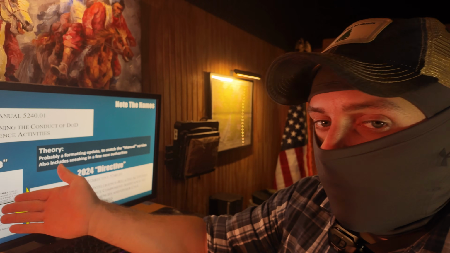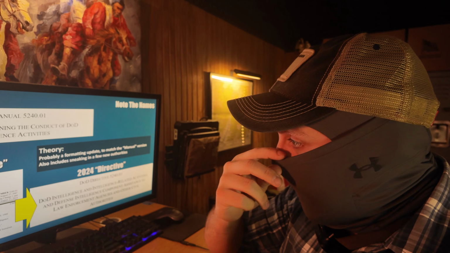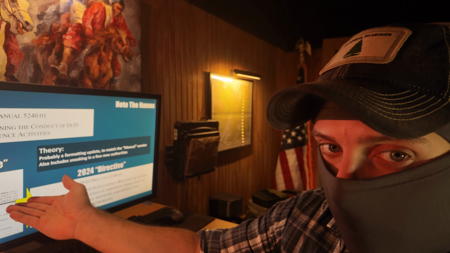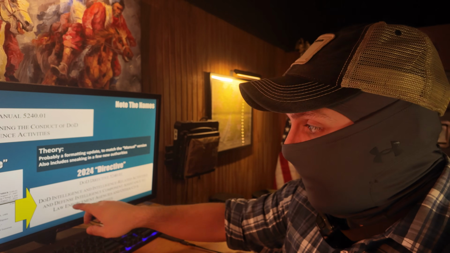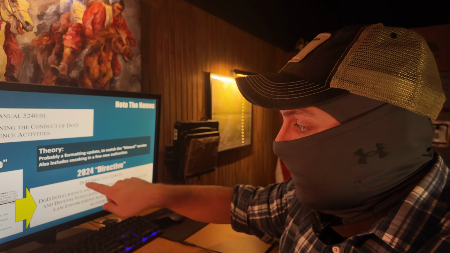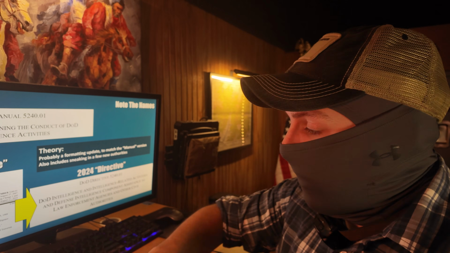So they took the 2007 directive and they're trying to update it to match the manual, if that makes any sense. Most of the time when you see a DoD directive, we go by the number, right? Well, this is trying to modernize that and bring it into this new format where we're talking about the title, which is, the new title is DoD Intelligence and Intelligence-Related Activities and Defense Intelligence Component Assistance to Law Enforcement Agencies and Other Civil Authorities.